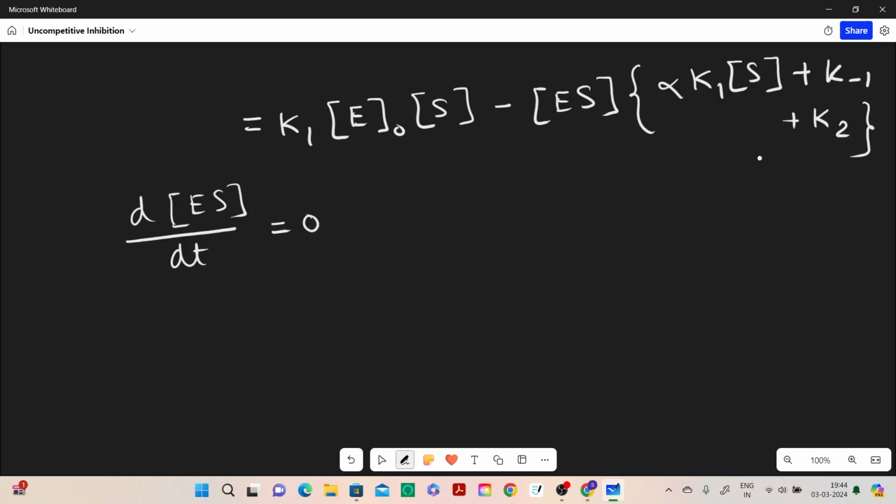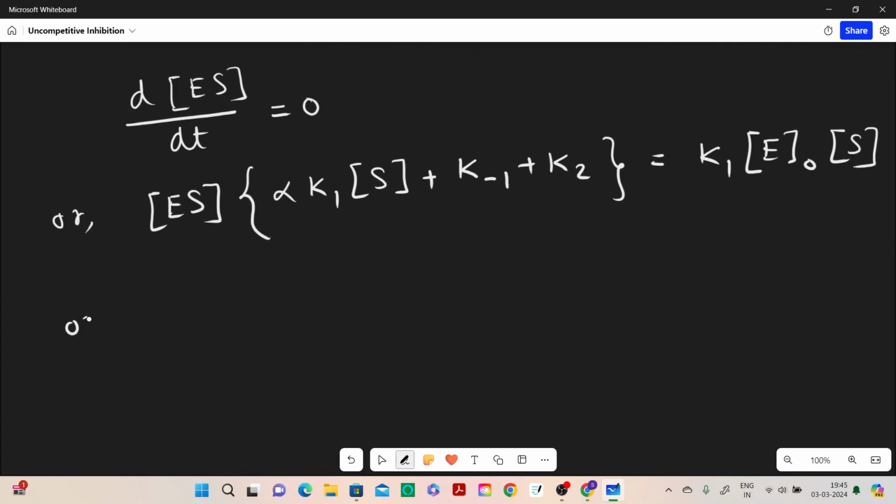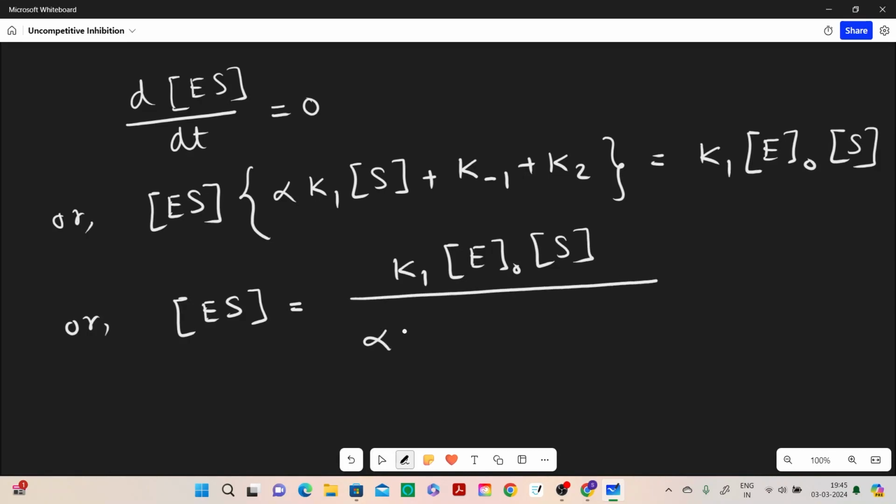So this part of the equation becomes 0, or we can write it down as ES into alpha K1 S plus K minus 1 plus K2 equal to K1 E naught S. Okay, now we can write this as ES is equal to K1 into E naught S divided by alpha K1 S plus K minus 1 plus K2.